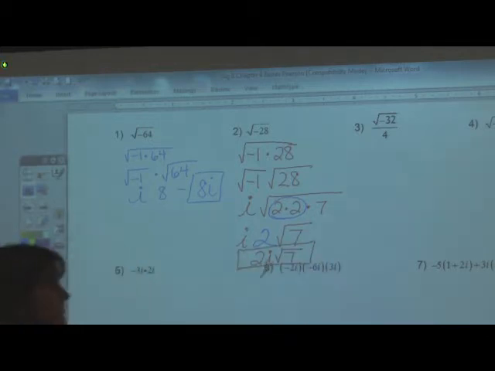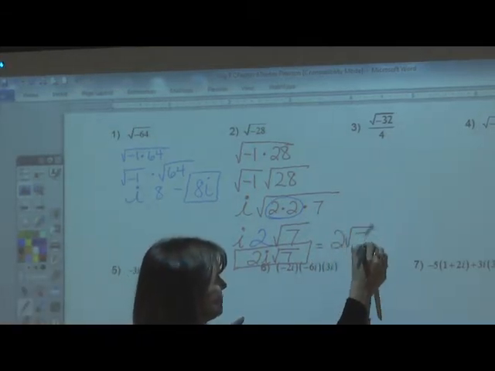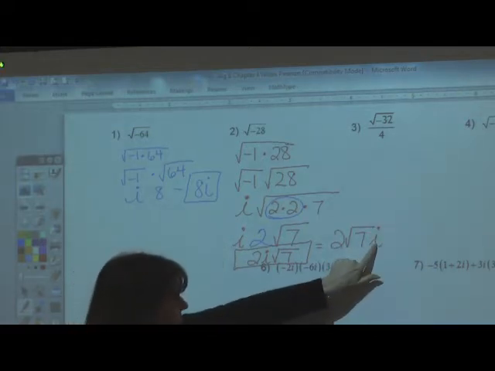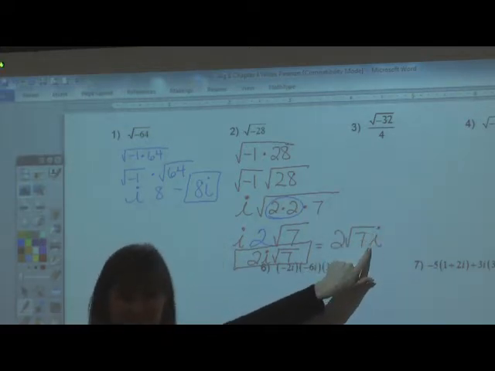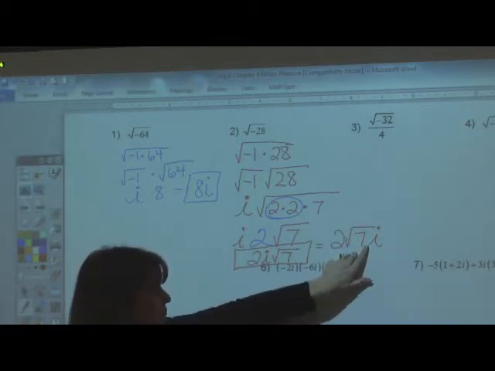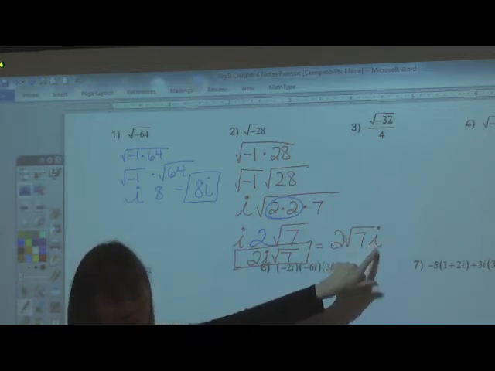The reason that I do that is because some people like to write it 2 radical 7i. Now, the problem with doing it that way, do you see the i? It's really hard to tell. Is it under the radical or is it not? And even though that's proper form, there's still a lot of people, when I'm grading, I don't know if that i is under it or not.